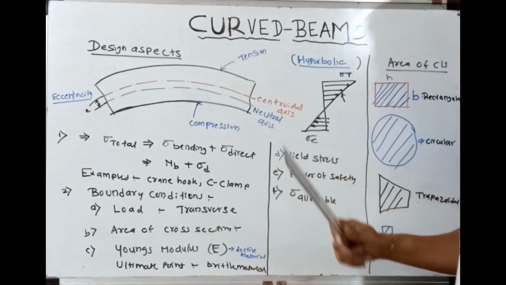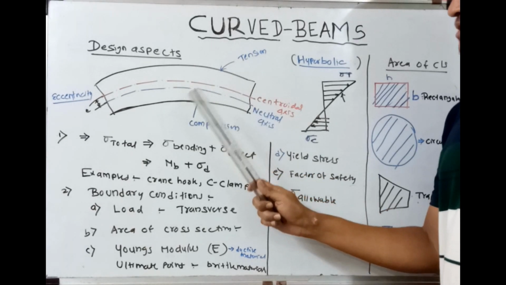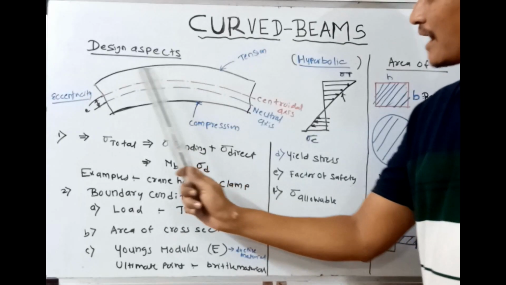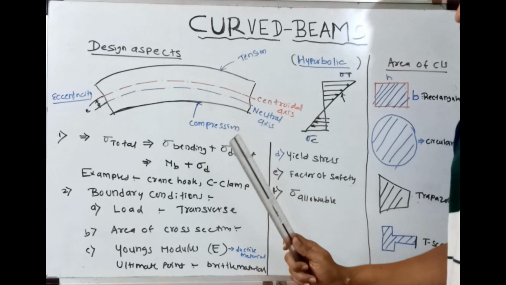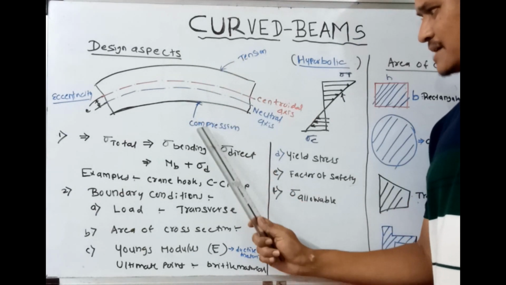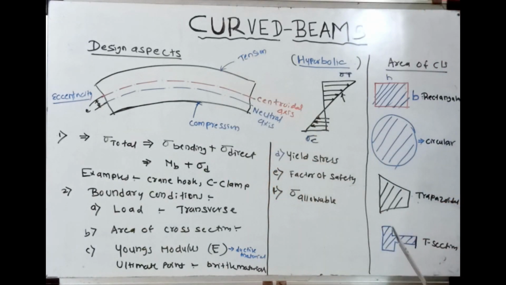Why it occurs is that when we bend a beam, the mass moves towards the larger radius part, as a result of which the centroidal axis moves to the top. The inner fibers are in a state of compression, however the outer fibers are in a state of tension.